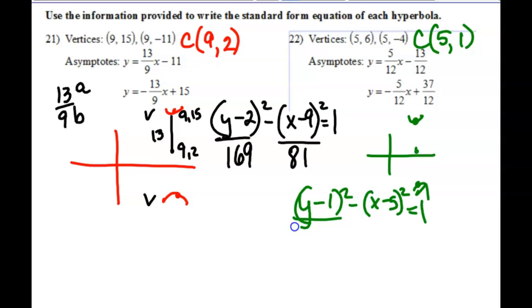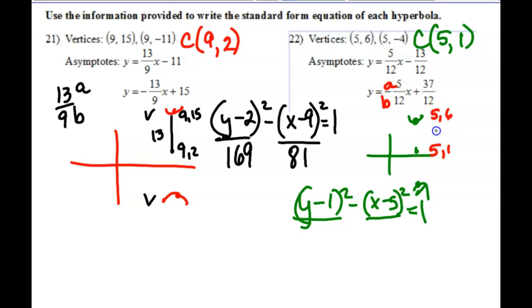Okay. Now, on the sheet, it says when it opens up and down, the slope is a over b. But we got to make sure a is really 5. From 5, 1, this was up at 5, 6. Is that a distance of 5?